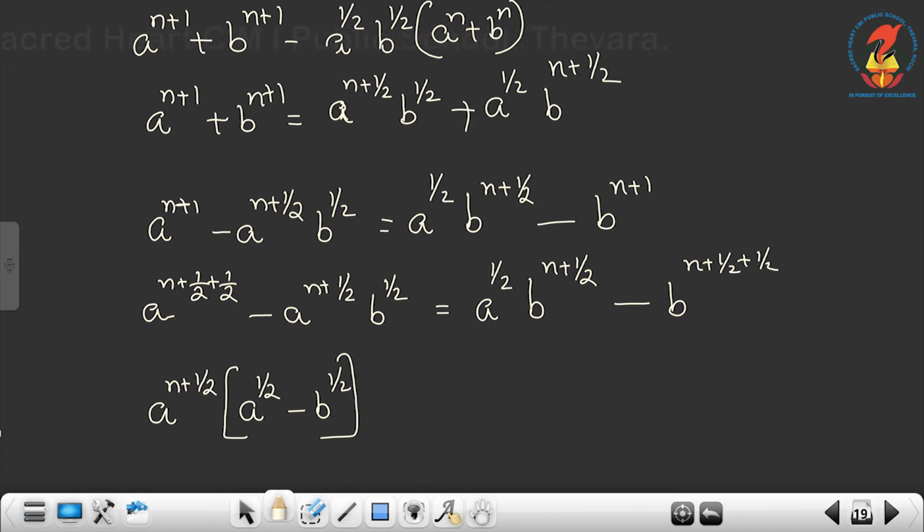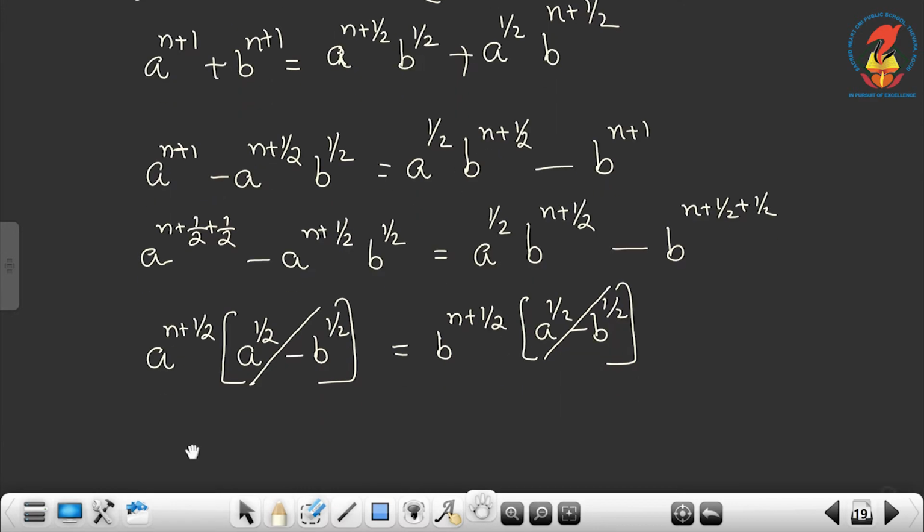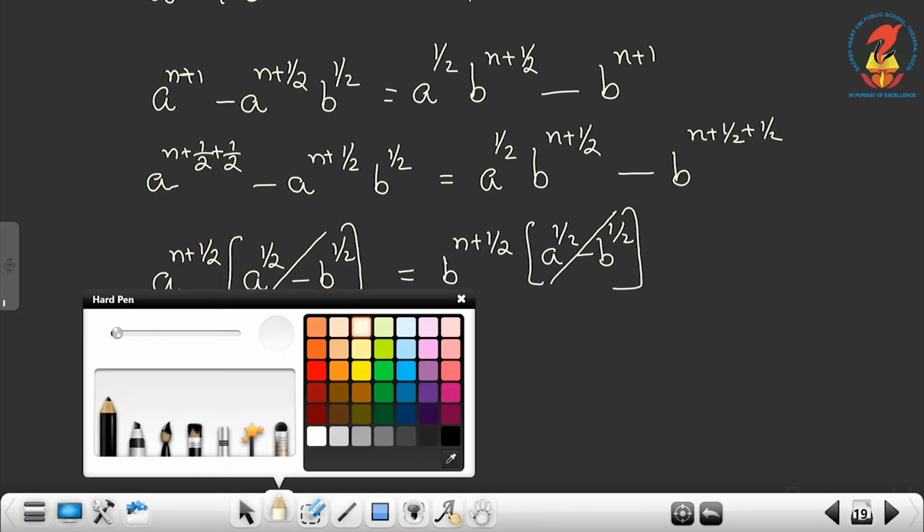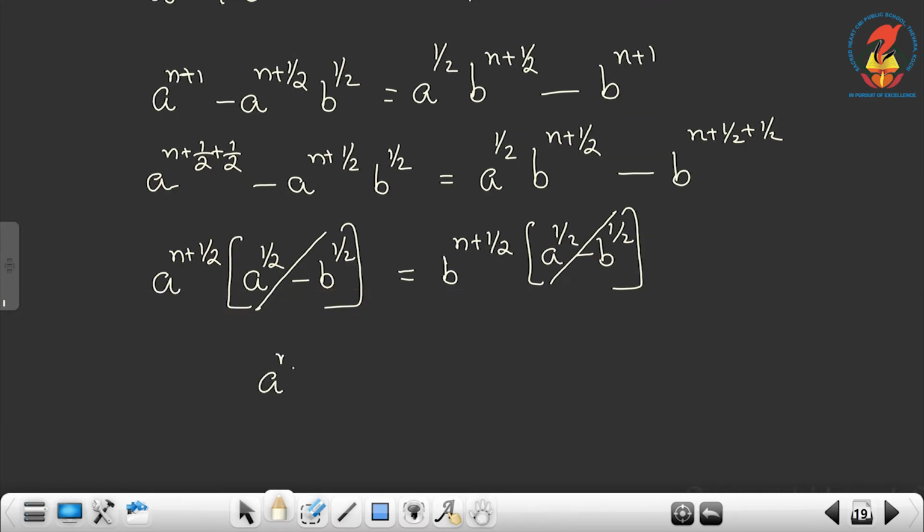Now right hand side, b raised to the least power, half, we can take out. So a raised to half minus b raised to half. So these two we can cancel, a and b cannot be 0. We can cancel that. Then what we get?